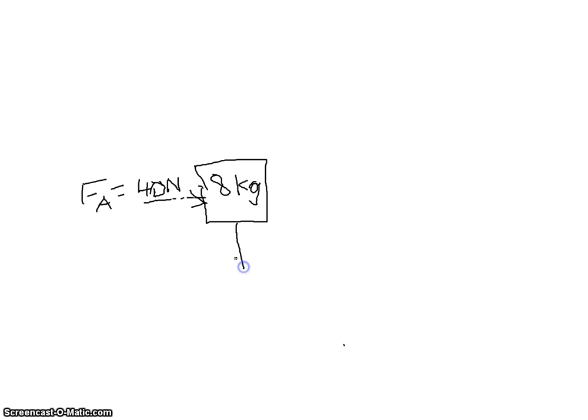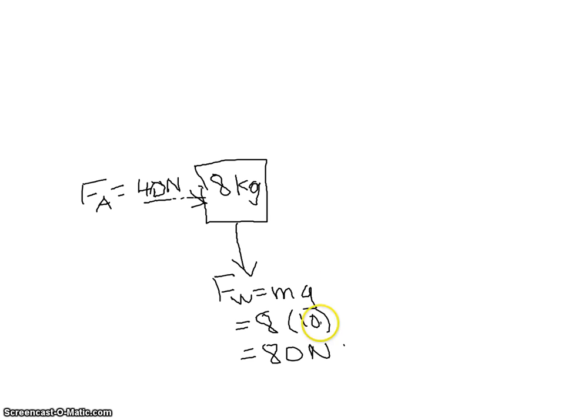Well, we can figure out what the weight force is. Because we know that weight is the mass of an object times gravity. So we take the mass and we multiply by gravity. And so we know the weight force is equal to 80 newtons.